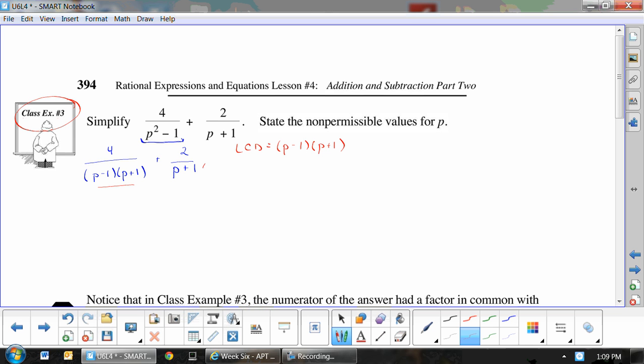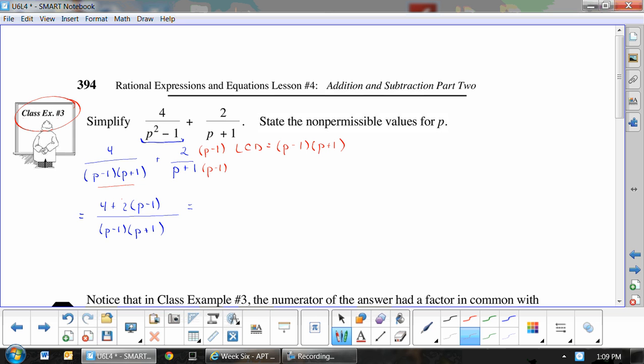But in our second term, we need p minus 1 on the top and the bottom. So then this becomes 4 plus 2, p minus 1, all over p minus 1 and p plus 1. And then we get to expand it.